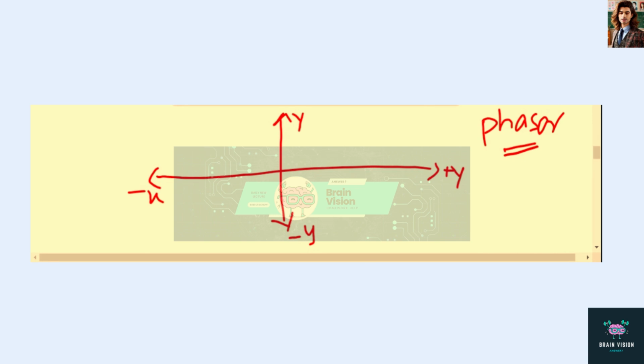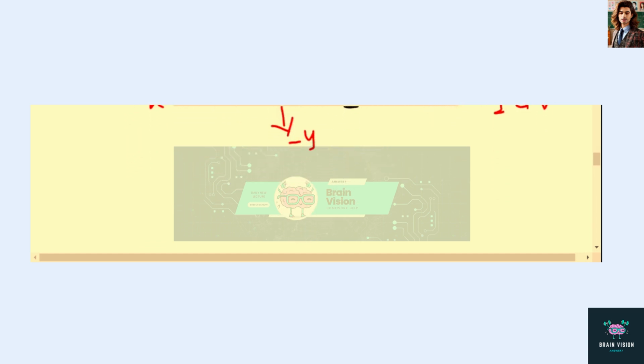It means that this is our V naught, that is the peak value of voltage across this circuit, and this is the voltage across the capacitor, and this whole voltage across this axis is the voltage across the inductor.